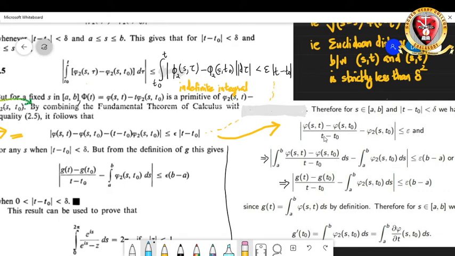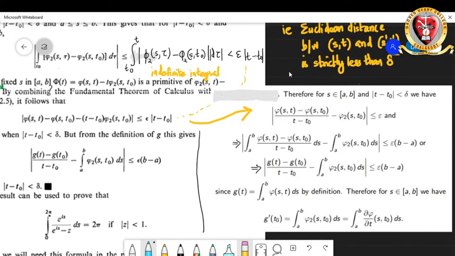Now you are going to integrate inside the modulus, on the LHS and RHS. You are integrating each term, and that is less than or equal to integral from a to b ds, right? So that will be b minus a. Then we know that g of t is equal to integral from a to b phi of st ds, and the t minus t naught doesn't have any s here, so it is treated like a constant.